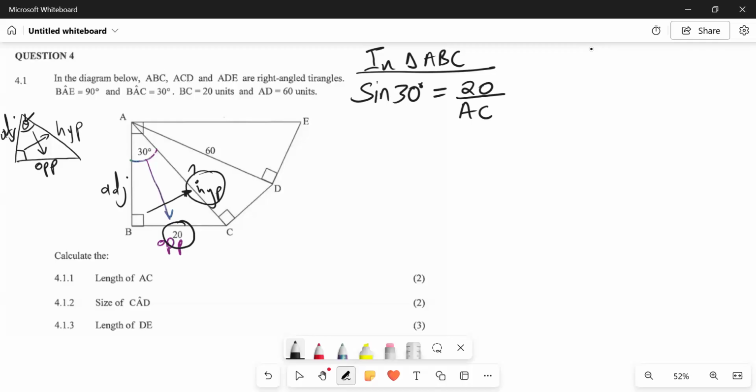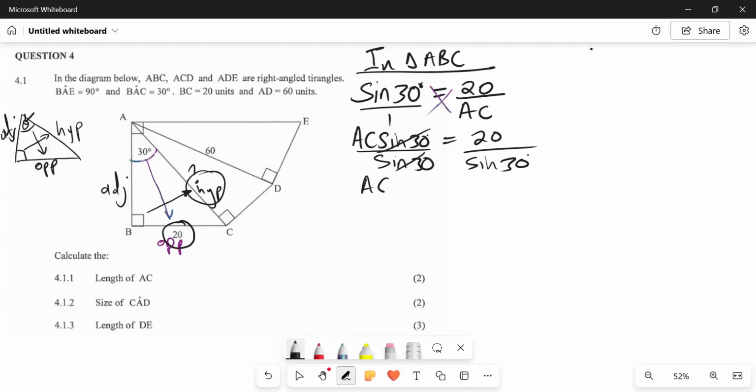At this point, you can simply cross multiply, and you end up with AC sine 30 equals 20. Then you apply your mathematical gymnastics, where you divide everything by sine 30 to get rid of sine 30, and make AC the subject of the formula.